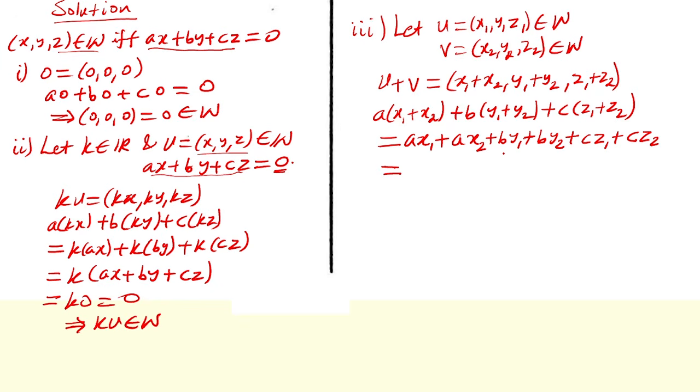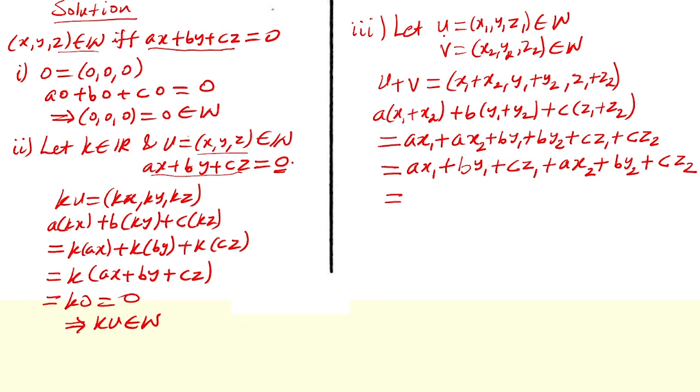Now commute and collect. By commuting here, ax1 plus by1 plus cz1 plus ax2 plus by2 plus cz2.